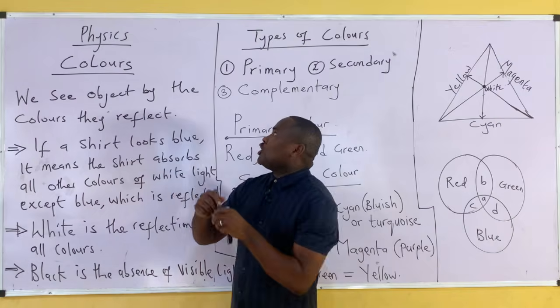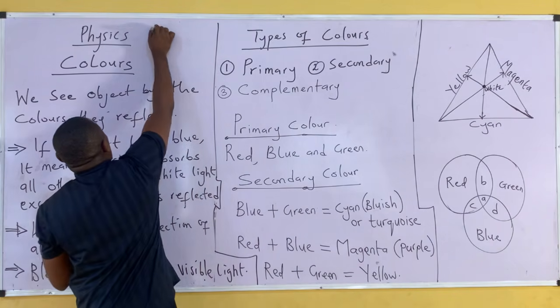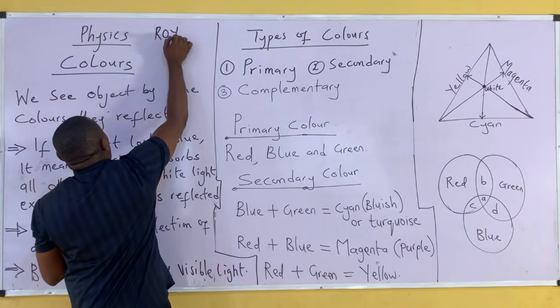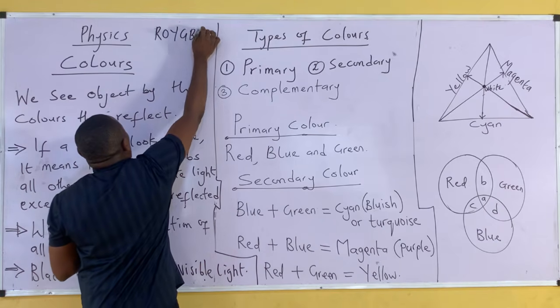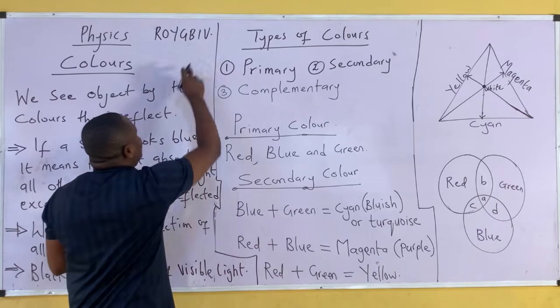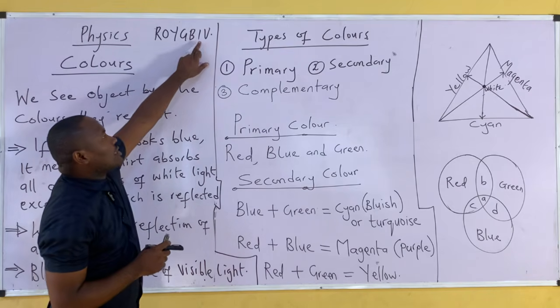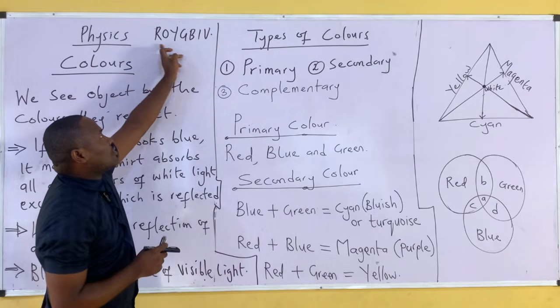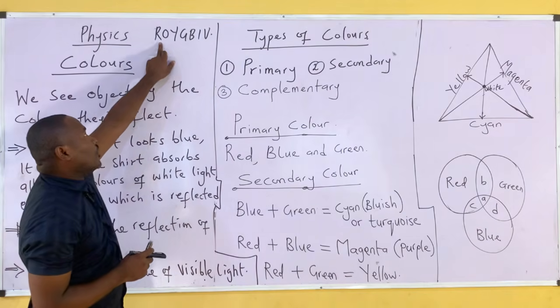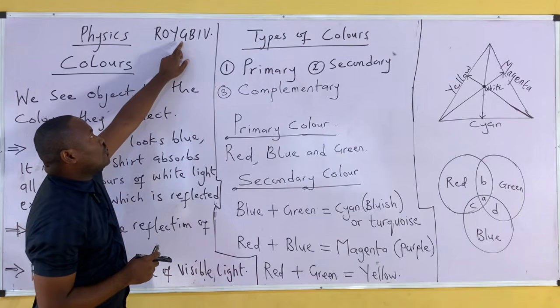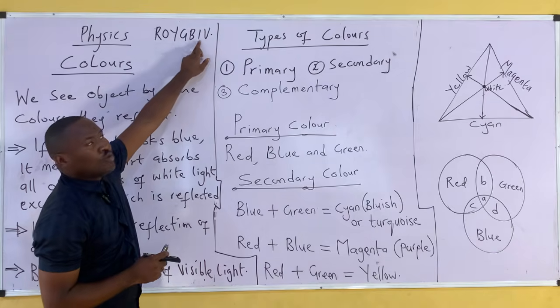Now take note, the whole of this color falls on it. We said this to be ROY G. BIV. That was our acronym we used. Red, orange, yellow, green, blue, indigo, violet.